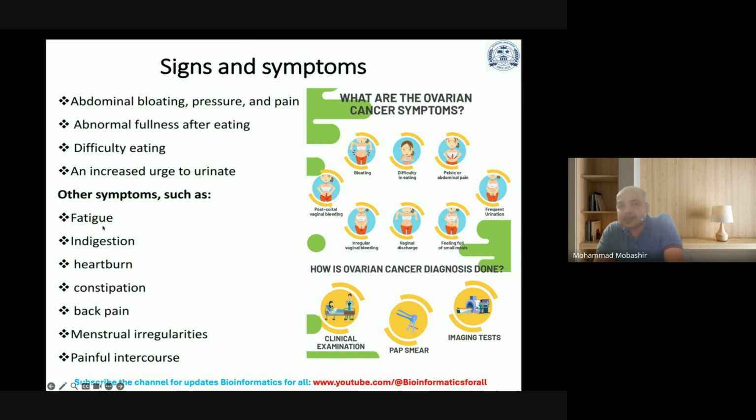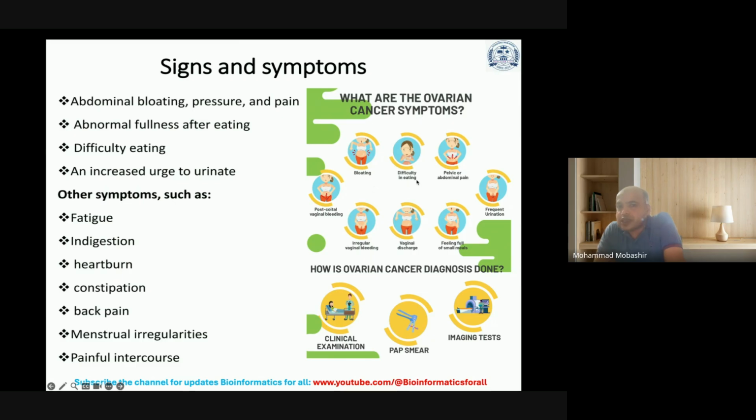There are other symptoms, fatigue, and these are common symptoms for many other cancers also. Indigestion, heartburn, constipation, back pain, menstrual irregularities, painful intercourse. Now, the same thing you can see. What are the ovarian cancer symptoms?